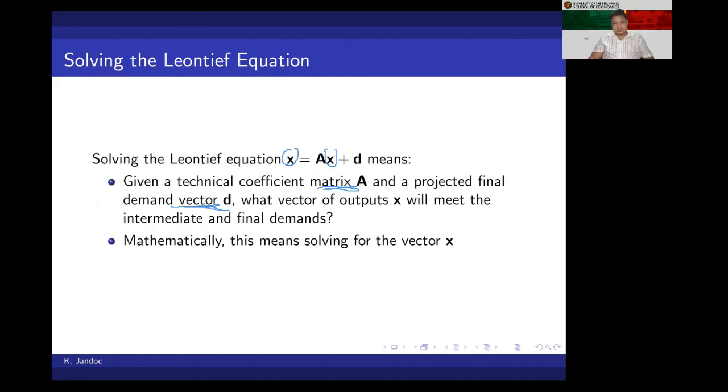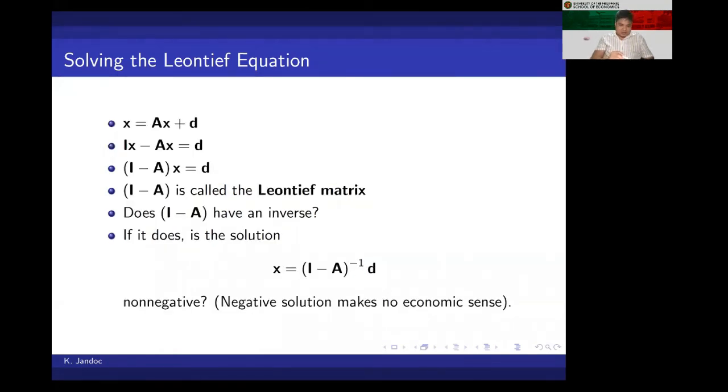So solving this looks for the equilibrium values of x. This means that we have to find that vector x that will satisfy this equation. Now let's start with the Leontief equation, x equals Ax plus d. Again, in the end, we want to find the equilibrium vector of x.